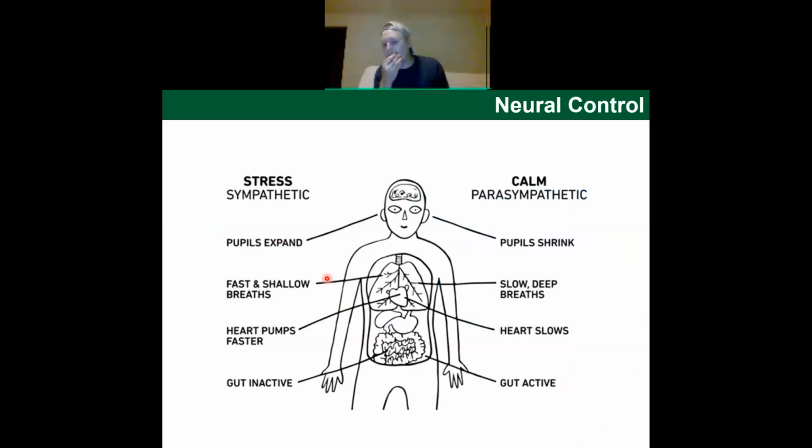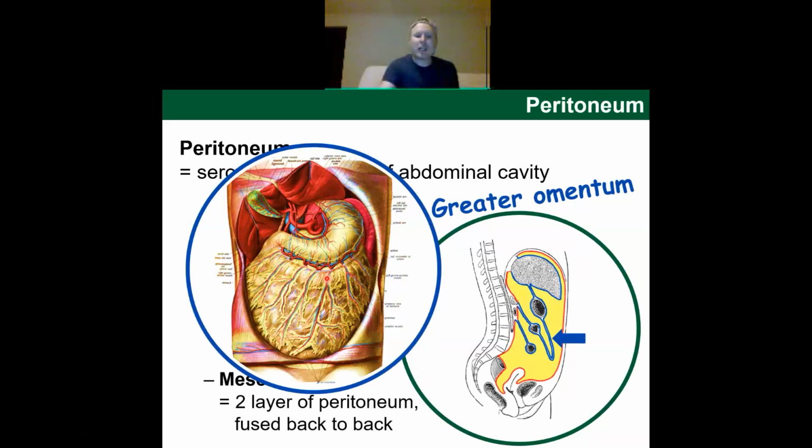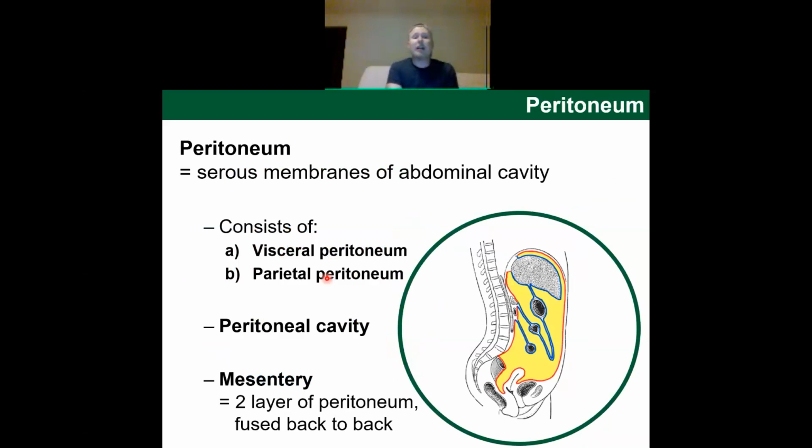So that's probably all that I wanted to say about the peritoneum. I do want to remind you, we've discussed how certain structures are located in relation to the peritoneum. For example, the kidneys were retroperitoneal, so they're behind the peritoneum. You can have structures that are intraperitoneal, so they're inside the peritoneal cavity.